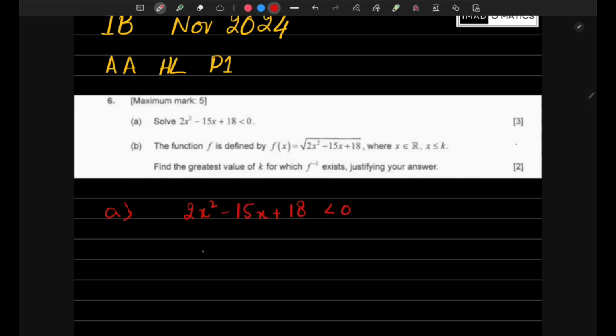I use the method of factorization. 2x² − 15x + 18 = 0, which splits as 2x² − 3x − 12x + 18 = 0.